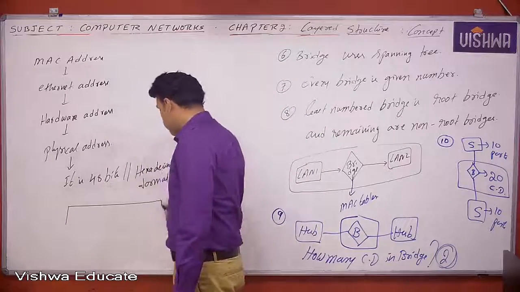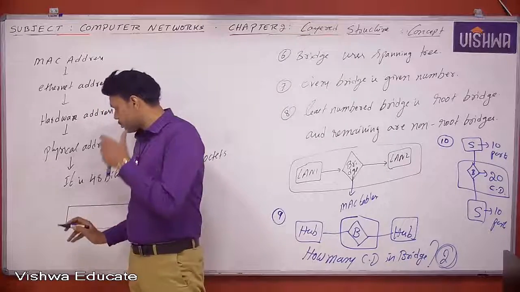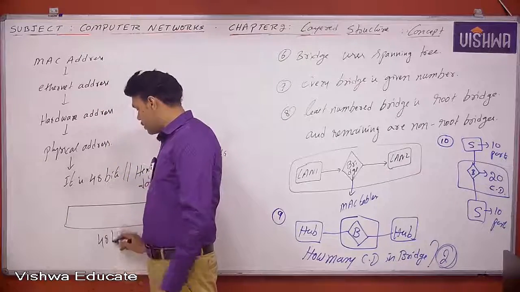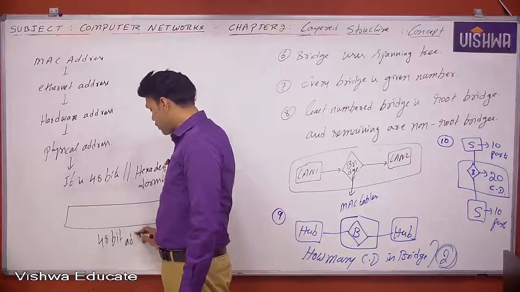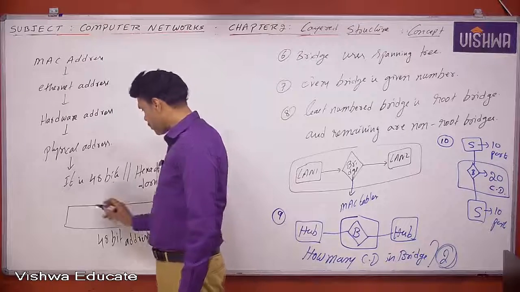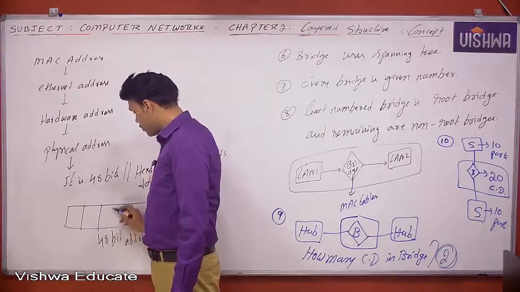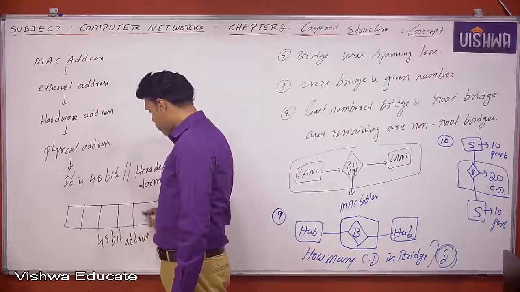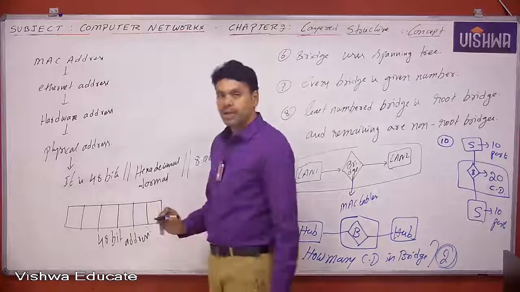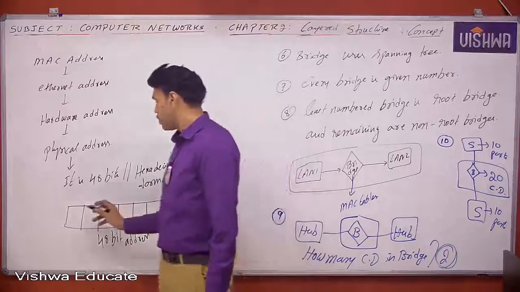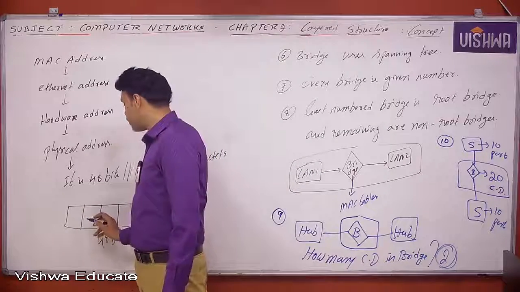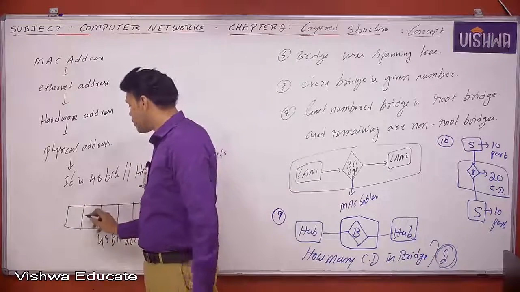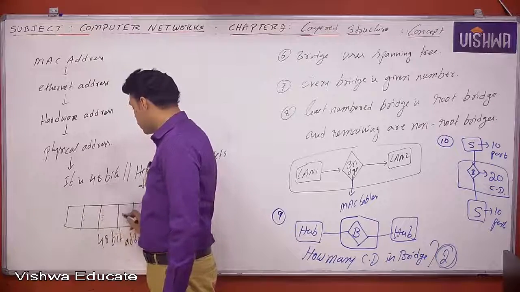When you take a 48-bit address, like this you will get. Here every octet is separated by a colon.